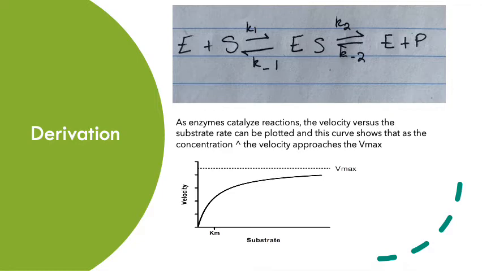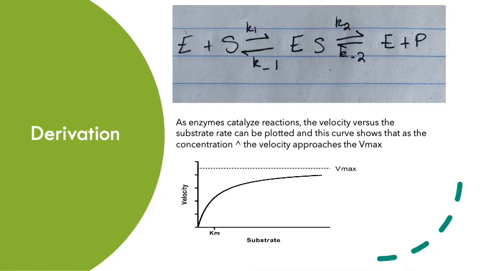We have one going forward and one going backwards, and the same for the K1 and the K negative 1. This essentially is the reverse, the one that is going back. And by using this, we're going to form the product.